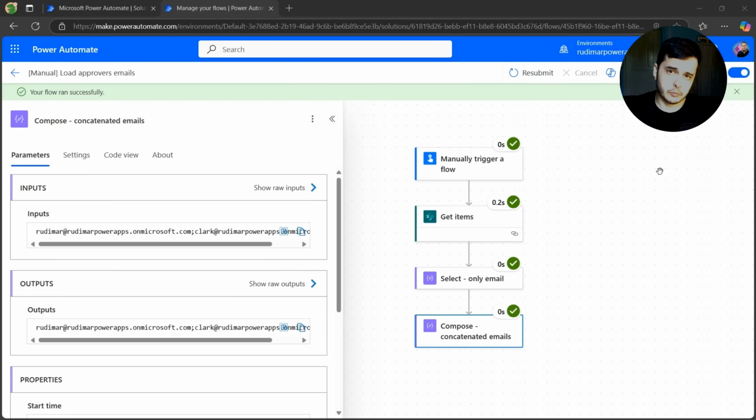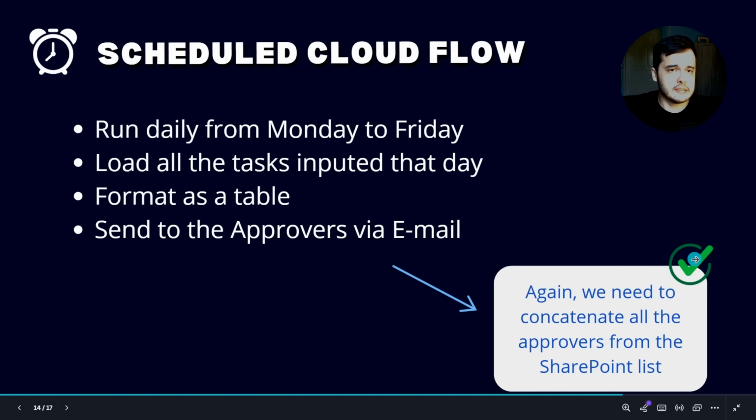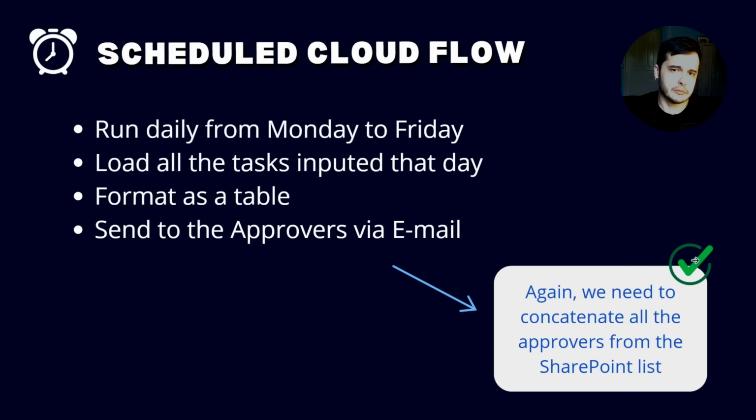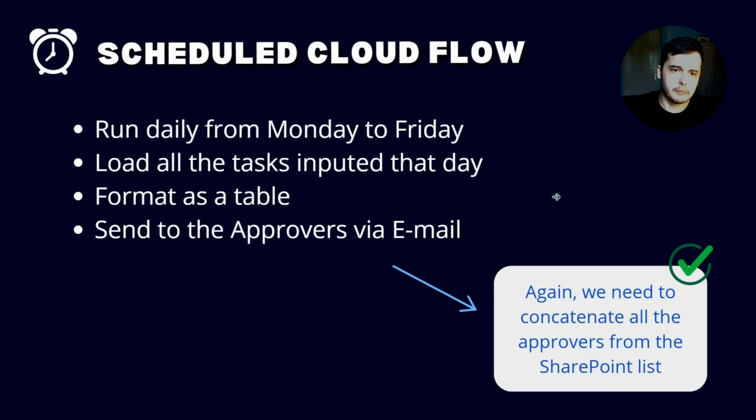Now we have the output we need for our next flow. That's the flow that we want to use these emails to send the automated email with the summary of the tasks from that day. As we can see here in the presentation, now this step is completed and we are ready to start building this flow that will run on a scheduled basis from Monday to Friday, loading all tasks from that day, formatting as a table, and sending to the approvers.